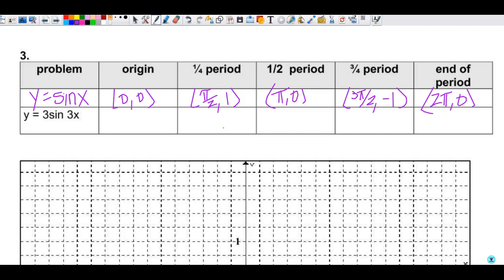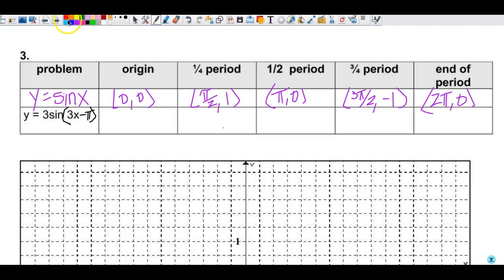So we're going to adjust this question. I want you to make this 3 sine of, open my parentheses here, 3x minus pi. Okay. So before I can do any of this, I have to factor out that 3.